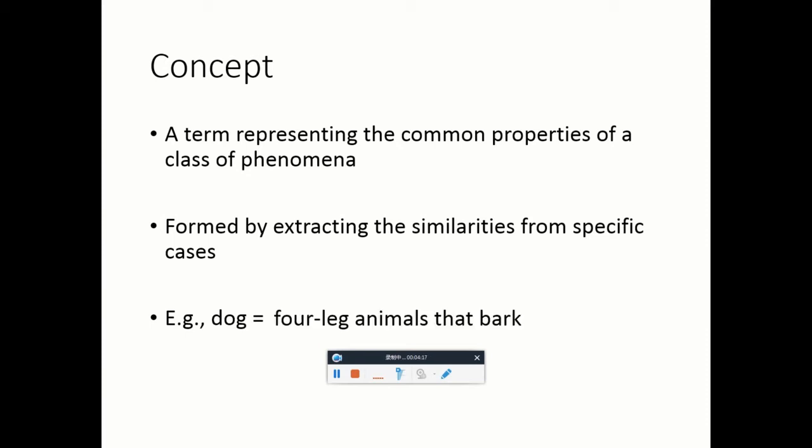You can have your own version of the definition of the dog. Mine is that dogs are essentially a type of animal that have four legs and they will bark. All right, so see here I extract some commonalities, something that all dogs have in common, and use these common features to refer to the phenomena that I'm interested in.